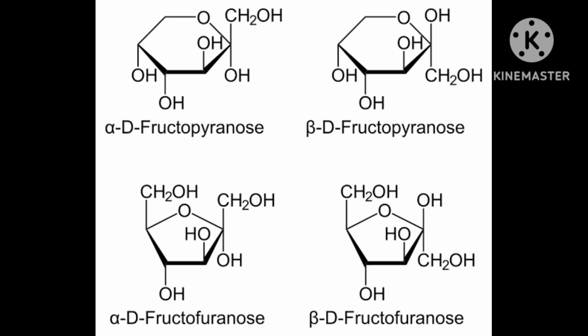Furan is a 5-membered cyclic compound. Pyranose was 6-membered: 5 were carbon, and 1 of the 6 in the ring was an oxygen atom. But here it is a 5-membered ring. 4 are carbon, 1 is oxygen in this ring.